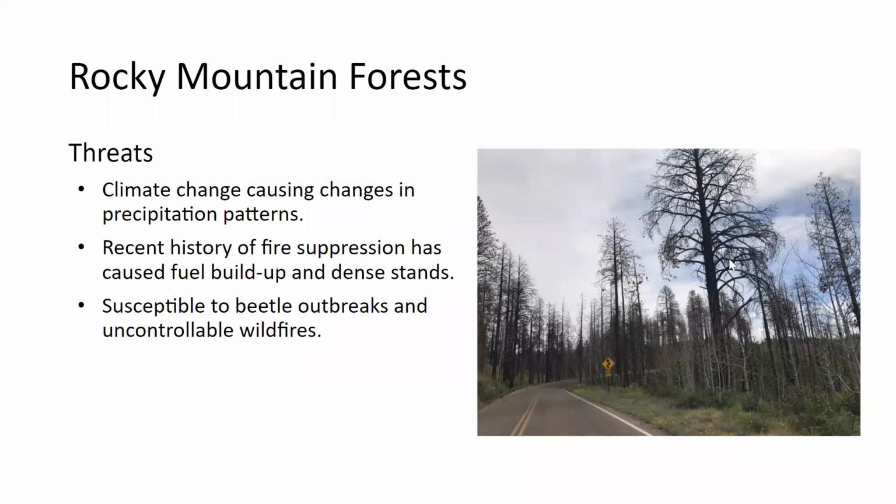And so there are people who are studying these cycles of fire and beetle damage and drought, and looking at how these ecosystem factors interact. So there's definitely interactions going on driven by things like climate change, which is causing changes in precipitation patterns.